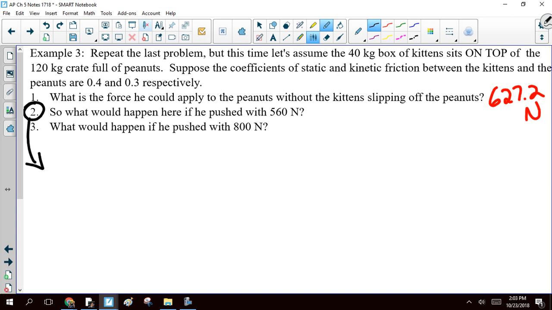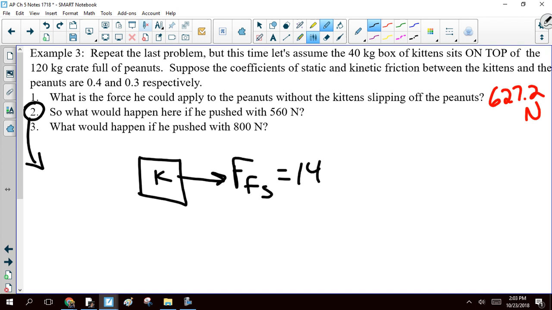So here's the answers. What we end up finding is the free body diagram for the kittens on the top looks like this. Your force of static friction ends up being 140 newtons. So then you've got your gravity and your normal force.